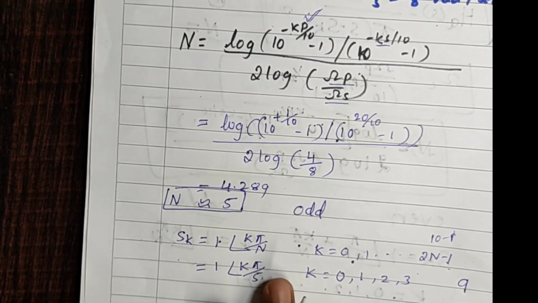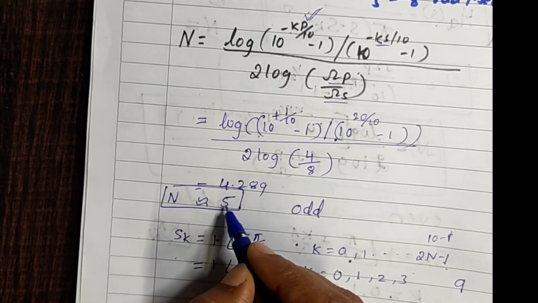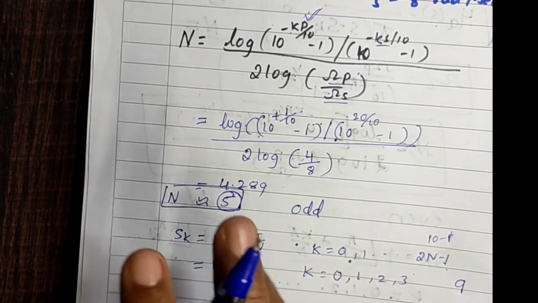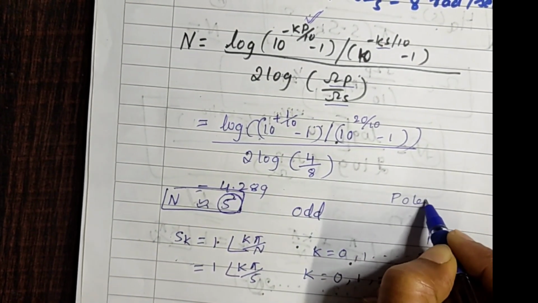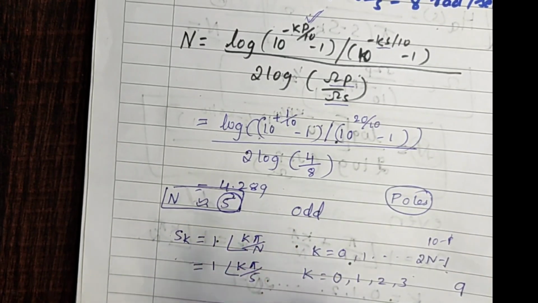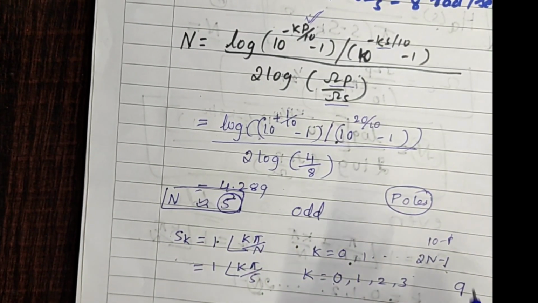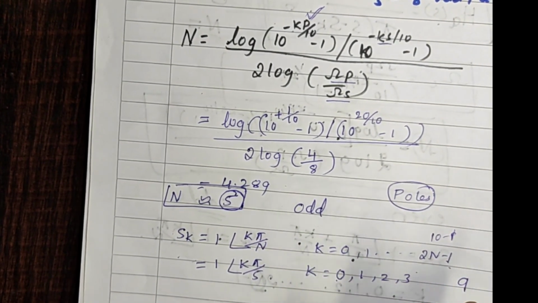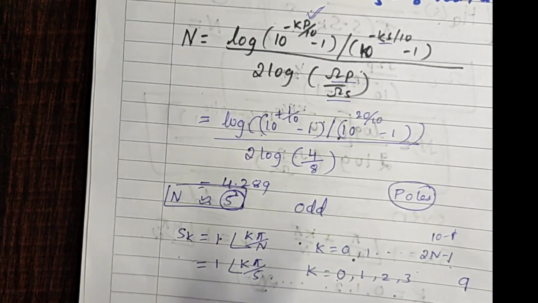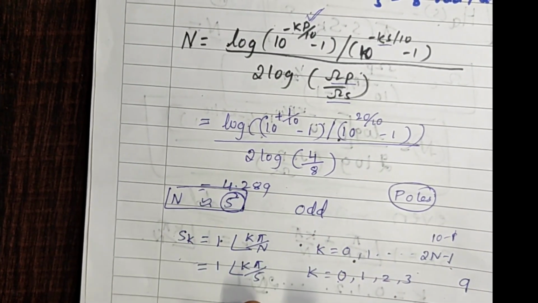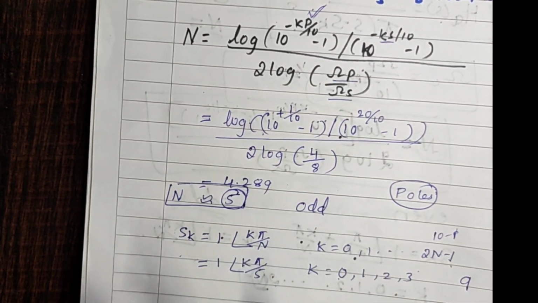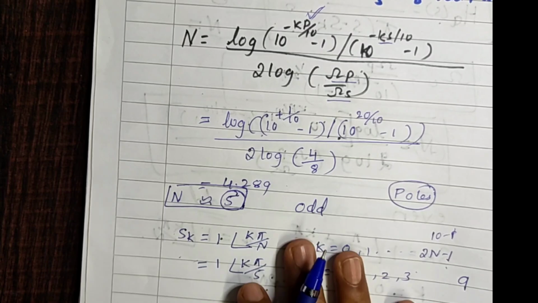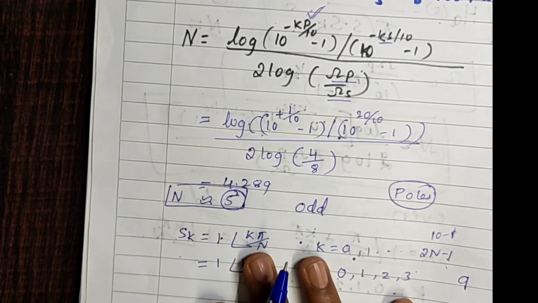Observe, n is equal to 5 means we will get only 5 poles. But we are going to calculate 0 to 9, a total of 10 poles, and all of these may not be stable. Among those 10, not all are going to suit this filter. So which poles do we have to choose?